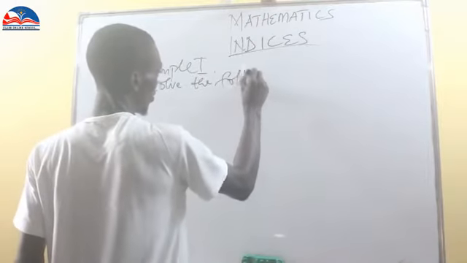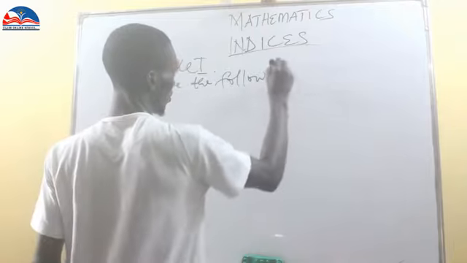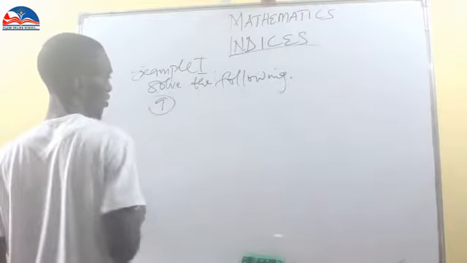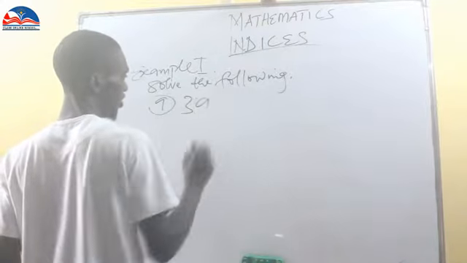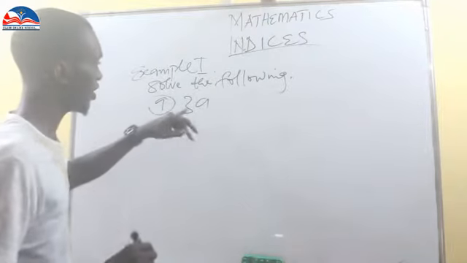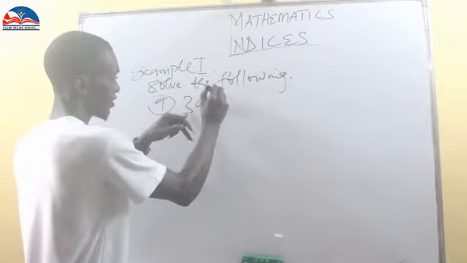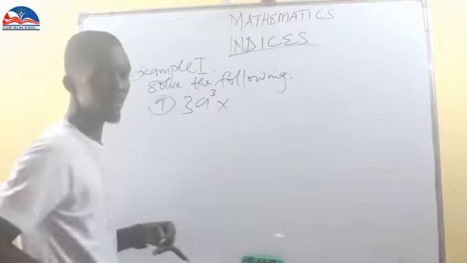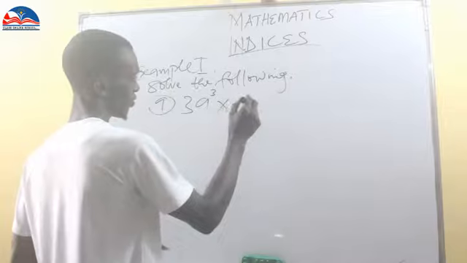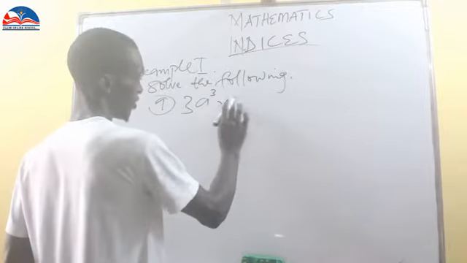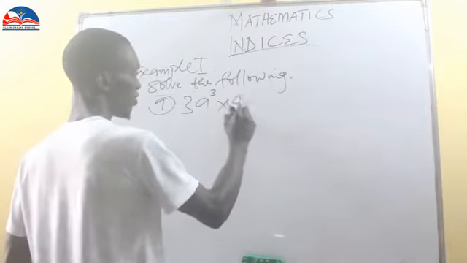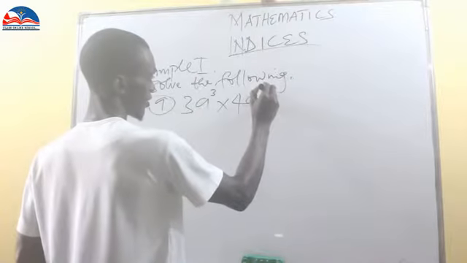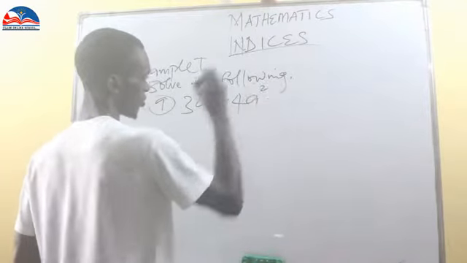Solve the following. A: we have 3a index 3 multiplied by 4a index 2.